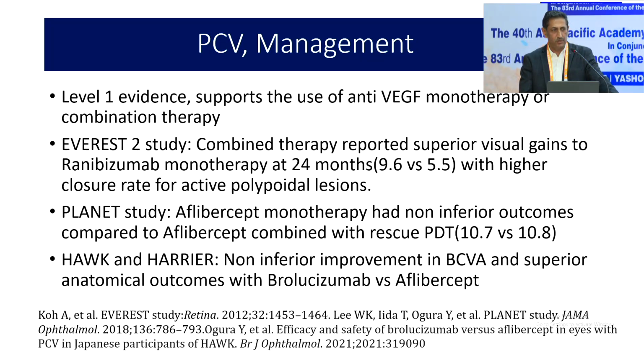It has a better closure rate of the polypoidal lesions, but the PLANET study shows that aflibercept is as good as PDT. You don't have to really do a combined treatment. If you're using aflibercept, that is quite good. And HAWK and HARRIER also showed that brolucizumab is as good as aflibercept in the management of PCV.